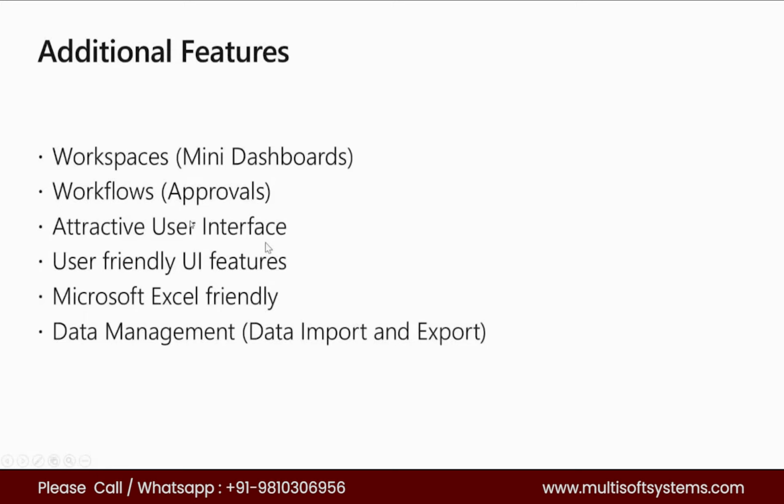And we also use an attractive, user-friendly UI, with features like Microsoft Excel. All this we do in data management. If you want to create multiple vendors at the same time, in the system we download a template, fill in the information according to that template, and upload the data of 100 vendors.